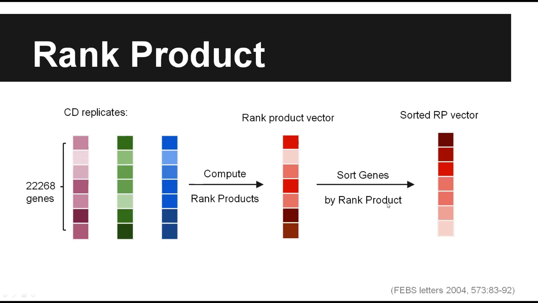So you sort the genes by rank product from small to large, and you get the most differentially expressed genes at the top and the least differentially expressed genes at the bottom. So this is the rank product approach.